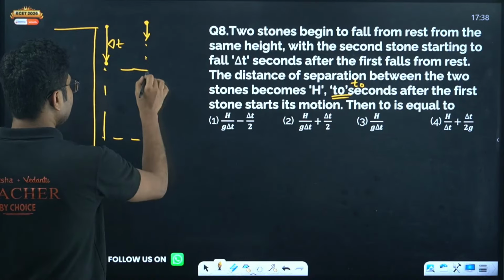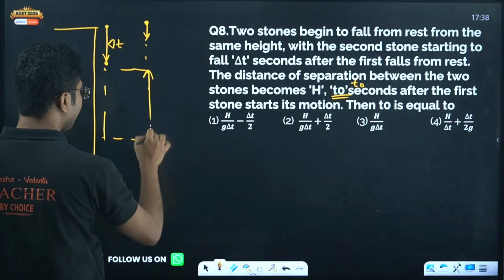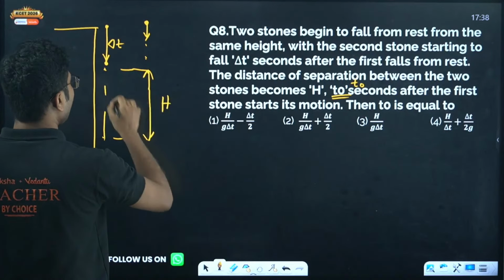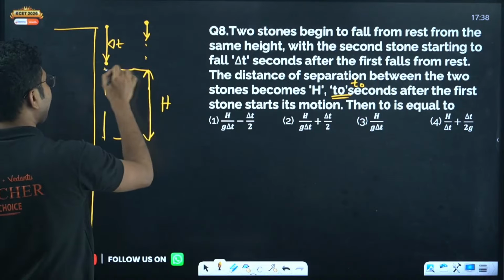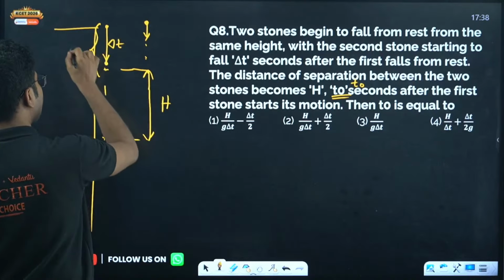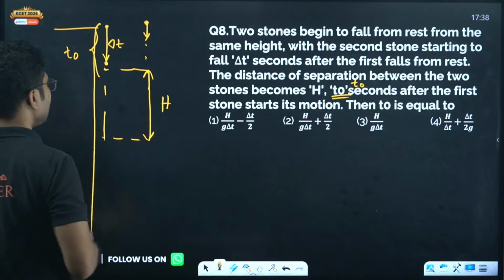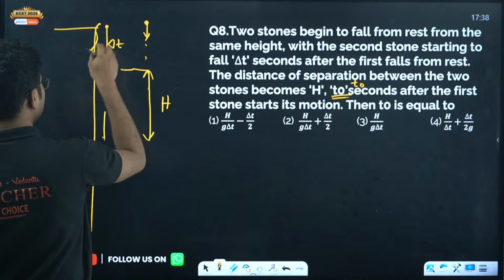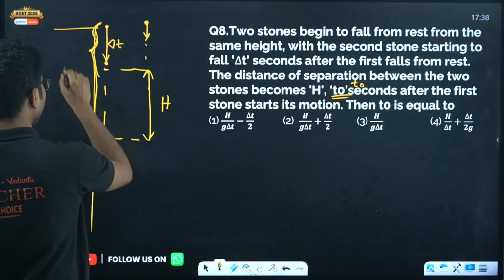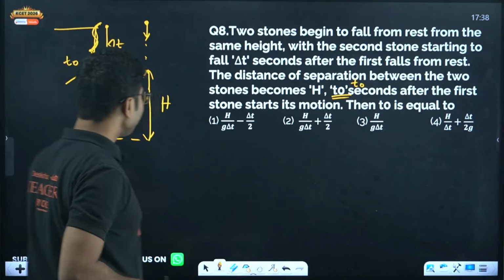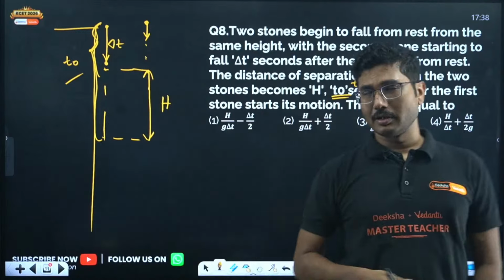The separation between them is capital H. This happened after the first stone falls for a time of t naught seconds. You have to find the value of t naught.